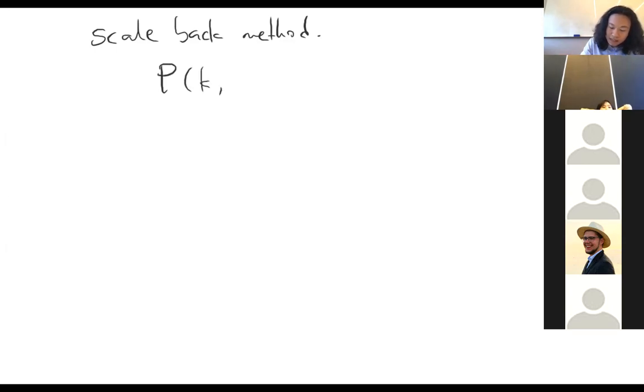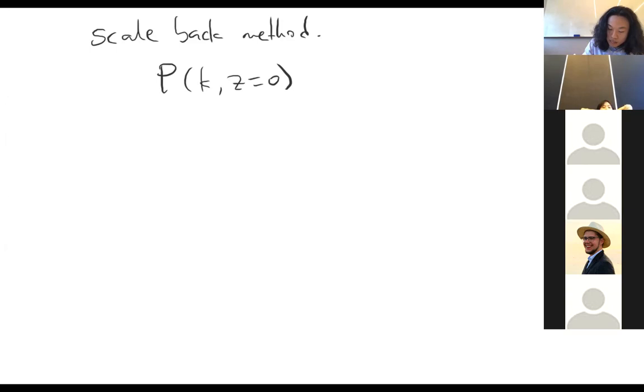So the older method, the more old school method, I don't know if you call it canonical, is the scale back method. The scale back method is called that because rather than deriving the power spectrum at the time you want to initialize the simulation, we derive the power spectrum today. So we get the power spectrum at z equals 0. So that's our power spectrum calculated with full GR, so all of those metric perturbations and radiation contributions are included.